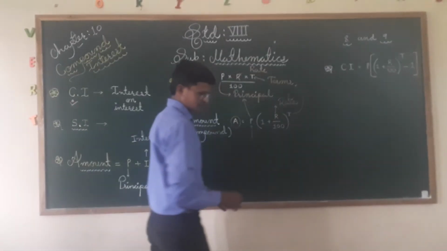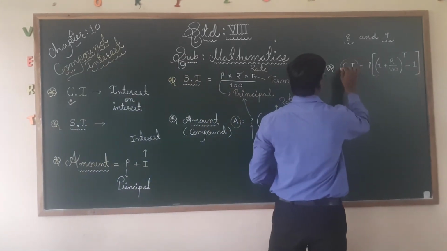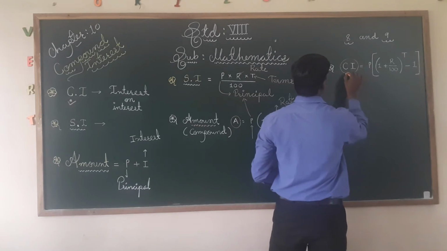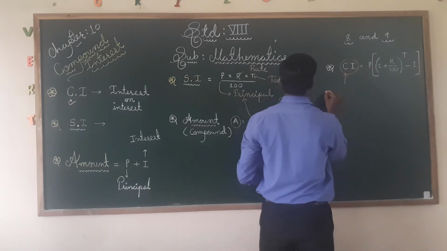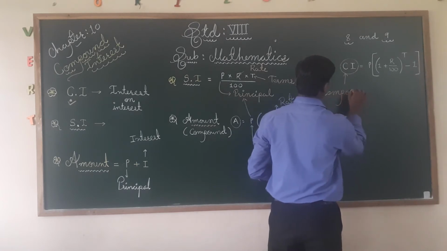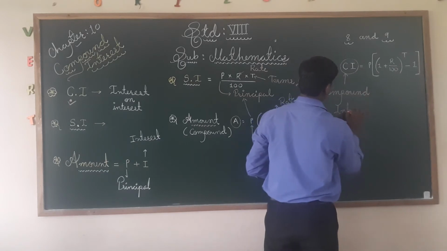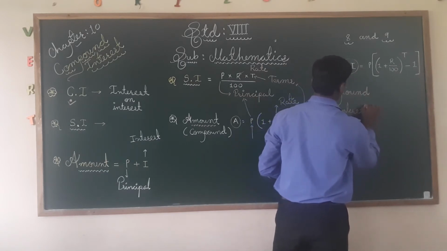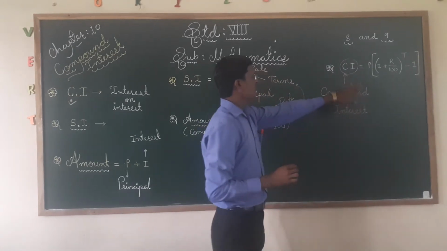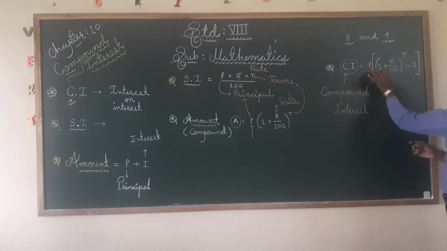Now here is another formula especially for compound interest, CI. As you know, it is compound interest. This is the formula: P times 1 plus R upon 100 whole to the power T, minus 1.